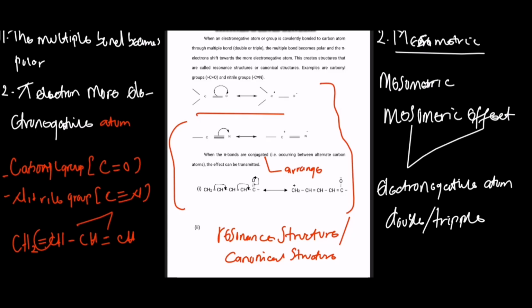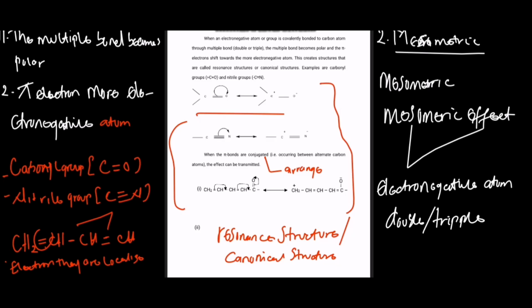In such a system, the electrons are not localized. Please take note of this. Let me write it out: the electrons are not localized, and instead the pi electrons are delocalized.